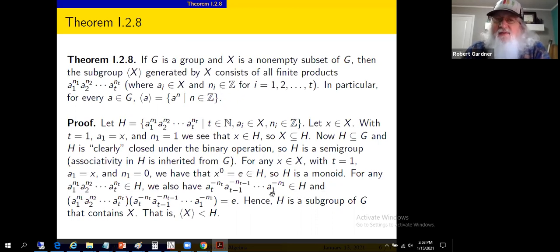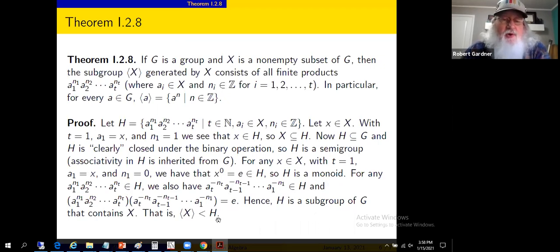And that's an inverse of this element here. It's something else in H because it's of the form of the elements of H. I multiply these two things together, and indeed we get the identity, whether I multiply first this one and then that one or the other way around. Of course, we get the identity back out. So H is a monoid with inverses, that is, it's a group.